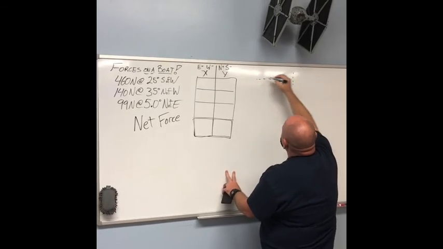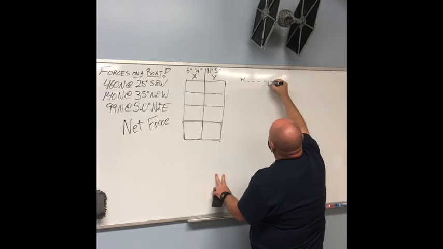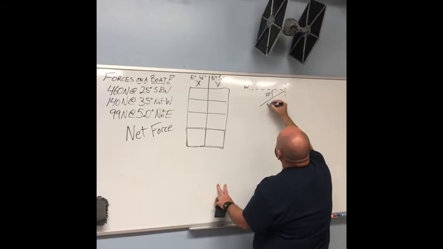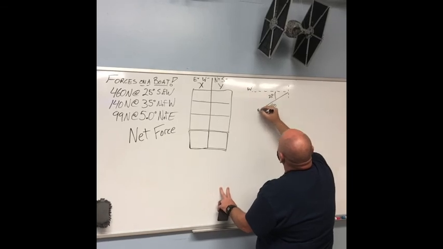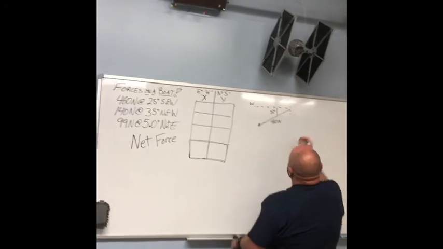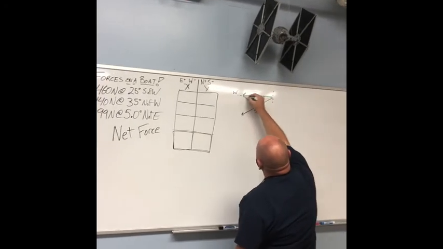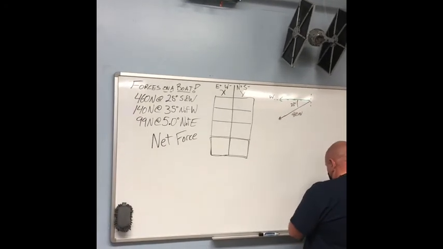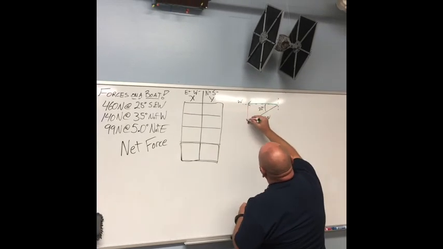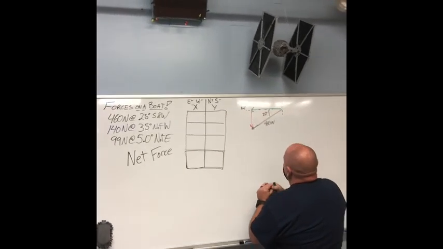Here's west, and 25 degrees would be something like that, okay? So I need to find the x part, which is adjacent, so cosine, and I need to find the y part, which is opposite.